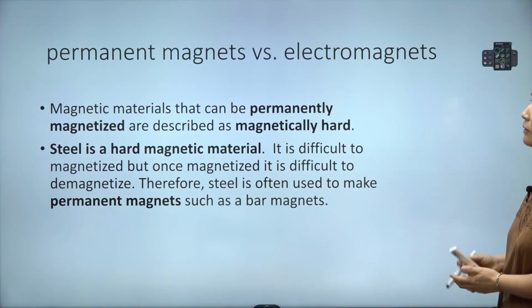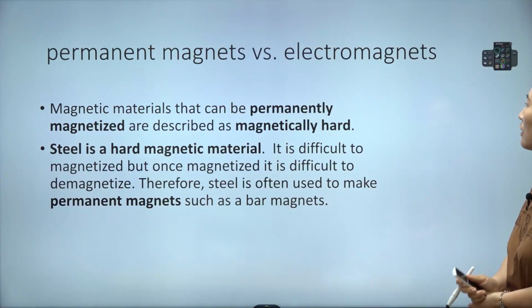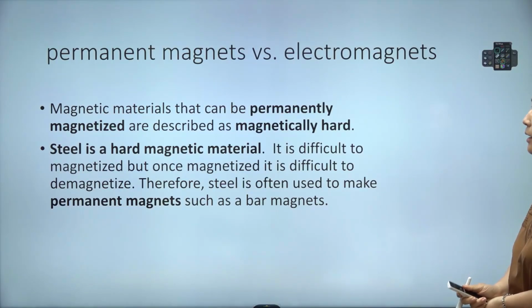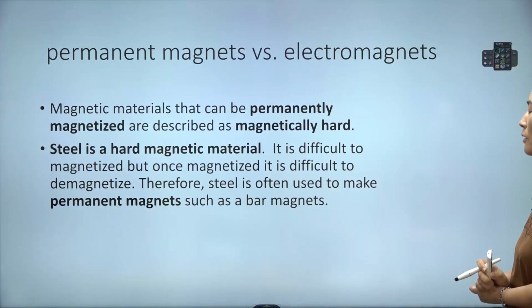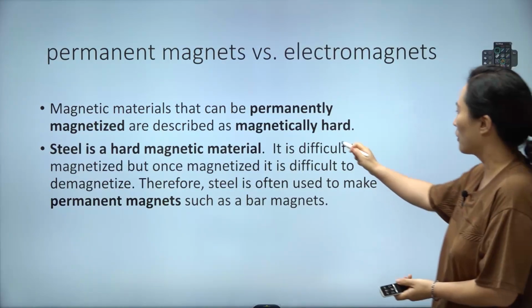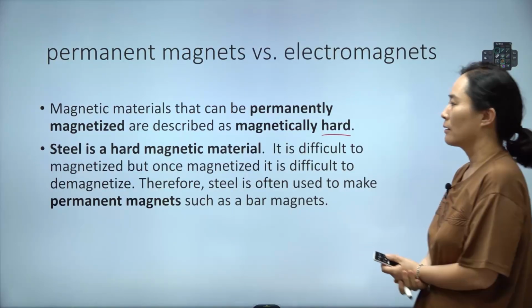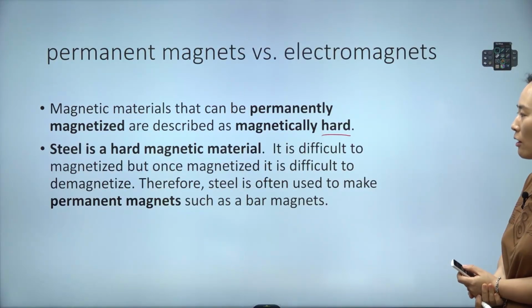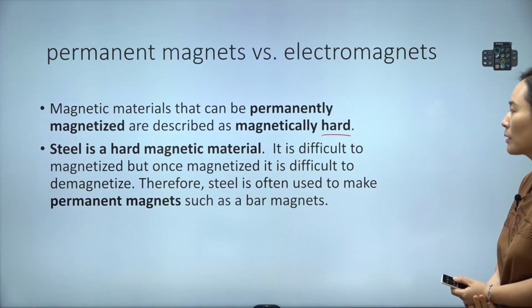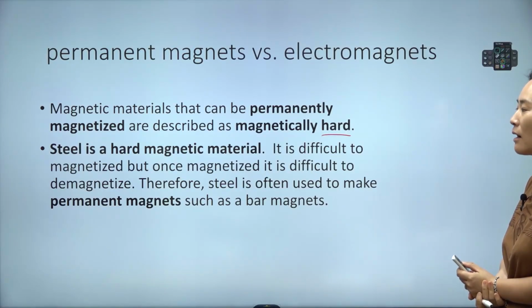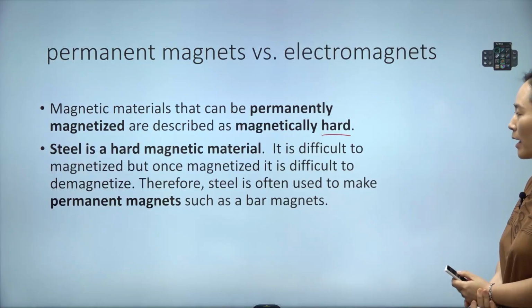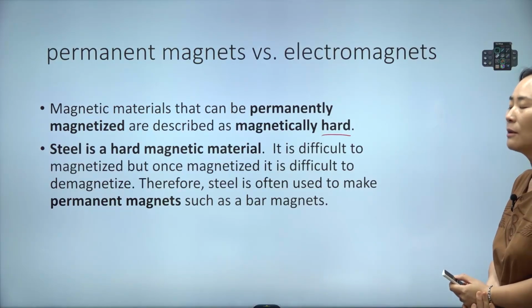So we're going to talk about the difference between the permanent magnet and the electromagnet. Magnetic materials can be permanently magnetized. This is called magnetically hard. Hard means permanent. Steel is a hard magnetic material because it is difficult to magnetize, but once magnetized, it is difficult to demagnetize.